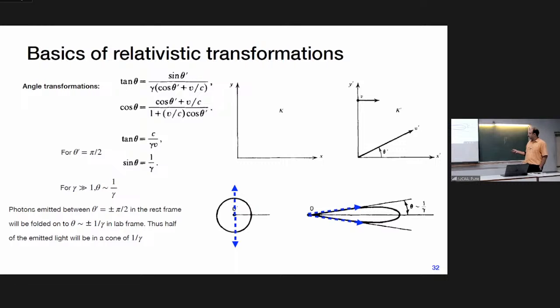It does not mean that there is no radiation here. Had I taken 120 degrees, it would still be a small line above this. So what does this mean? It means that half of the radiation emitted in the charge's rest frame is concentrated in a small cone of angle 1 by gamma. And the radiation pattern is consistently towards the forward direction.